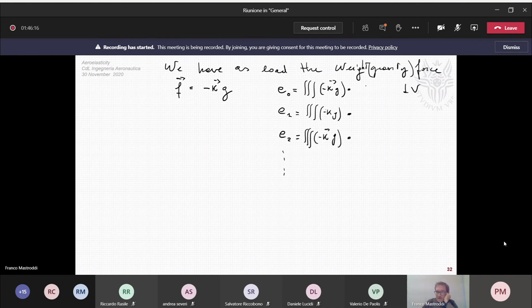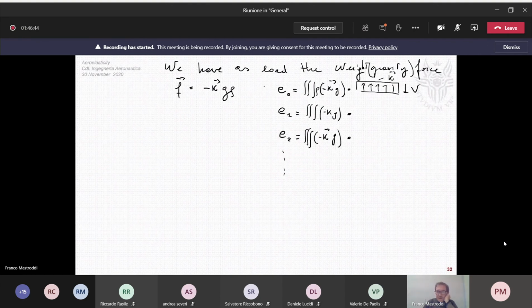You have this shape for all the aircraft, a vertical translation constant as mode shape, and this is k itself. And so what is this? This is the density of the aircraft, of course. I forget the density for having the weight force per unit mass.